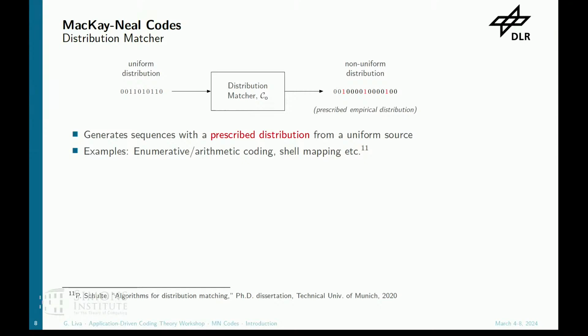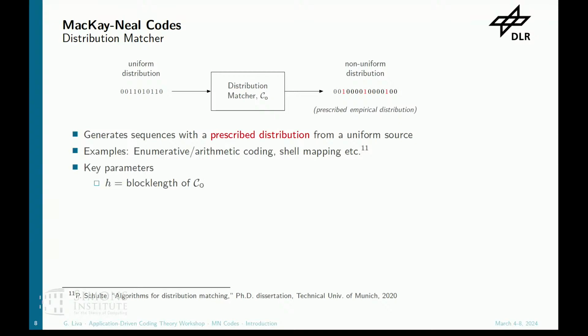In the past few years, there has been a lot of research on how to perform this operation efficiently, because in optical fiber, where these kinds of techniques are used, these operations have to be performed at several hundred gigabits per second. So we rely on the fact that in the optical community, there is already quite some development of distribution matchers that can work fast. They can be based on enumerative arithmetic coding, shell mapping. There are really many techniques that have been proposed during the past few years.